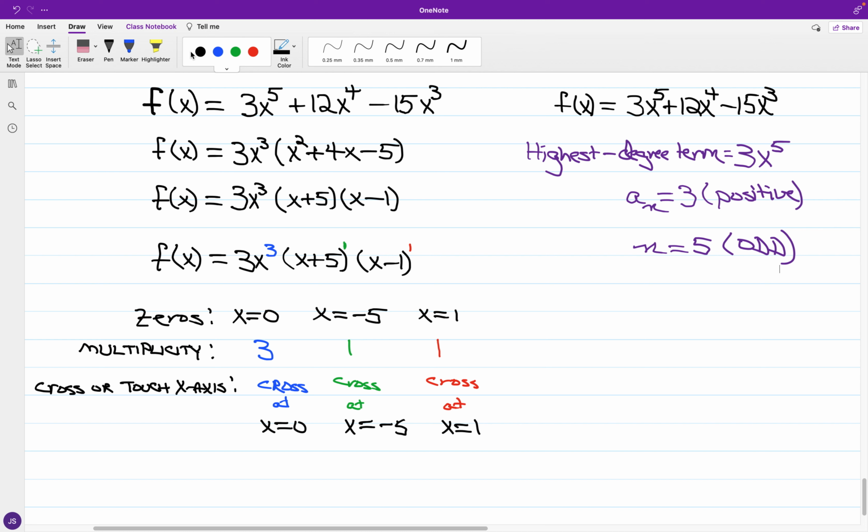And again, we have the first of the 4 cases. And so for the end behavior, we have down to the left and up to the right.